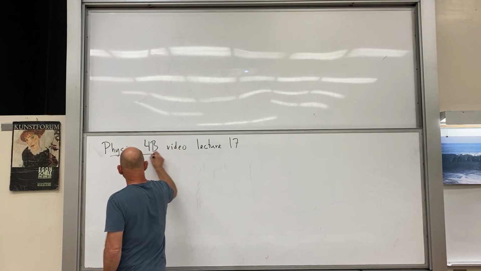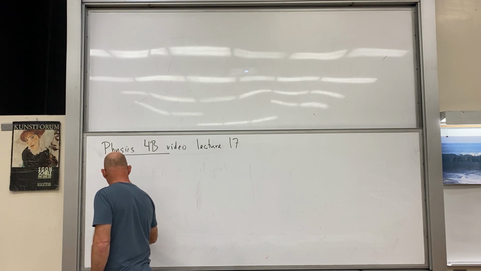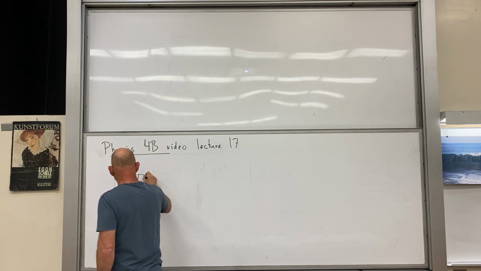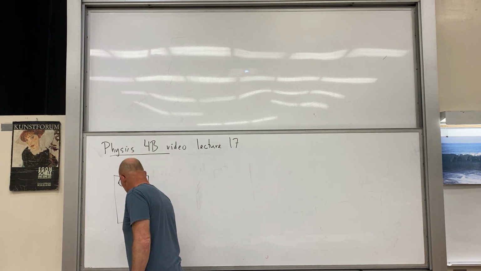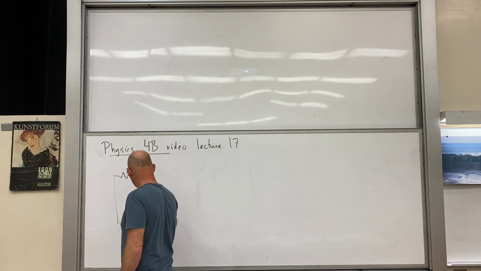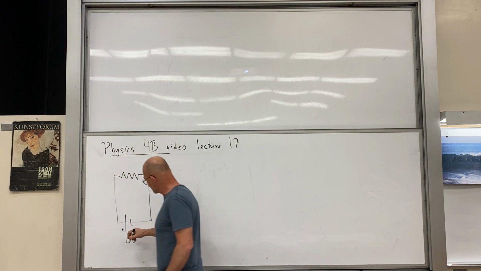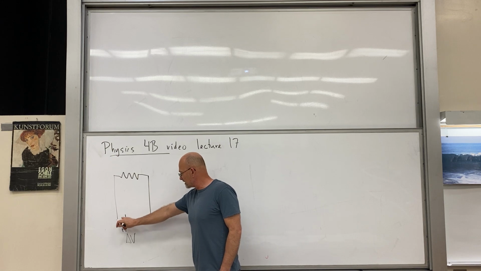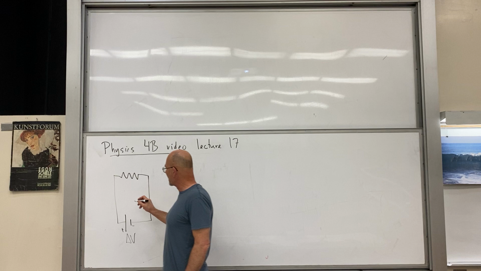So let's see, I'll just draw a circuit. And V or delta V, I use them interchangeably, but the long and the short lines here indicate the positive and negative poles of the battery.